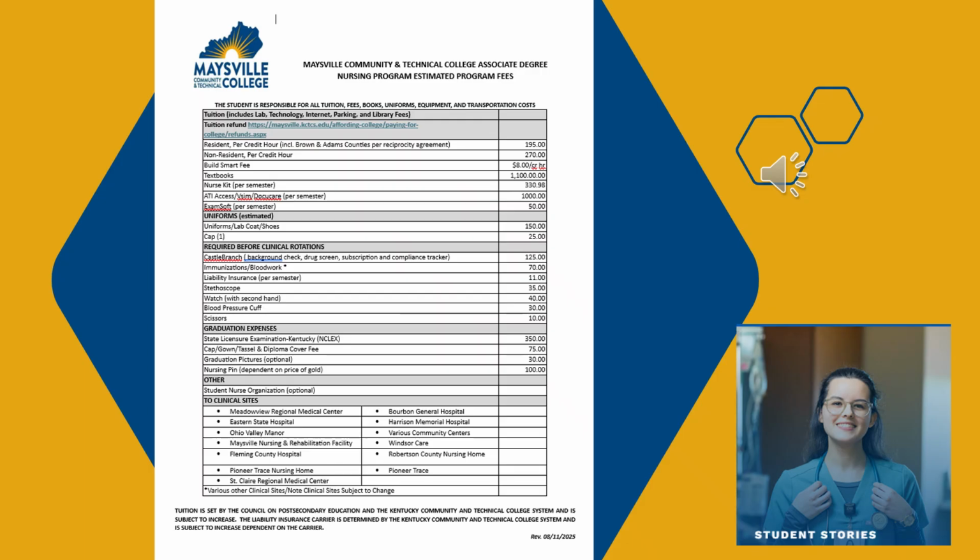So you have to load that all up into your Castle Branch. And so it's about $125. To get your immunizations and blood work, depending on what you need, is about $70. Liability insurance is $11, and that's charged through your tuition bill every semester, so it's automatically included.